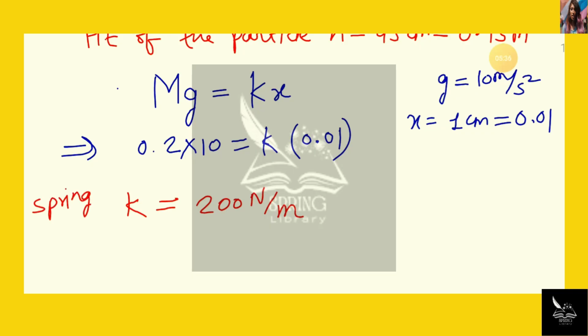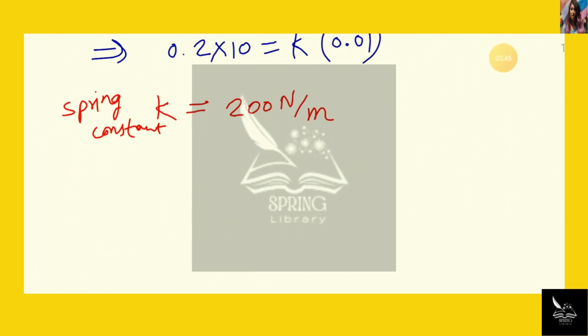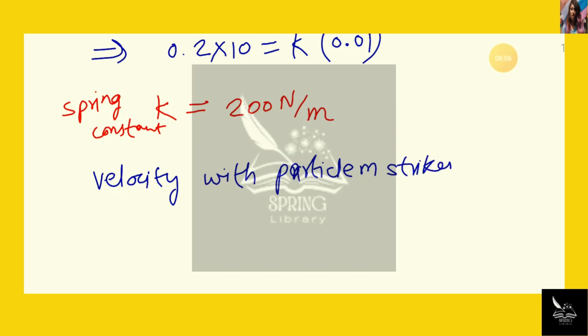Now the next step: the particle is dropping downward vertically, so the velocity with which the particle strikes the block is given by the formula u is equal to square root of 2gh.